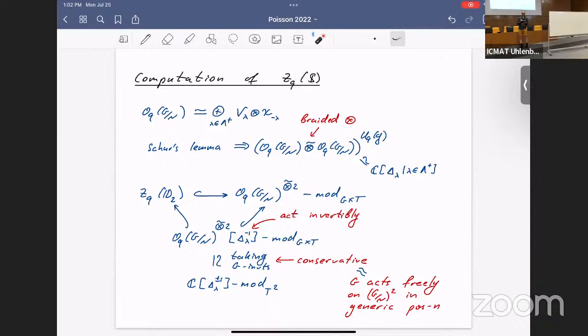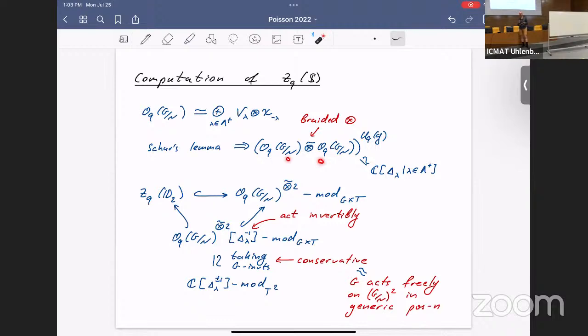And this guy here, well, it's some sort of a calculation. So here I'm not just taking a tensor product, I'm taking a braided tensor product, which means that as a vector space, nothing changes. So this doesn't change the statement that I just made, but it will be important for the next statement. So what I'm doing, I'm considering this algebra, which at each factor behaves within itself as just OQ G mod N.